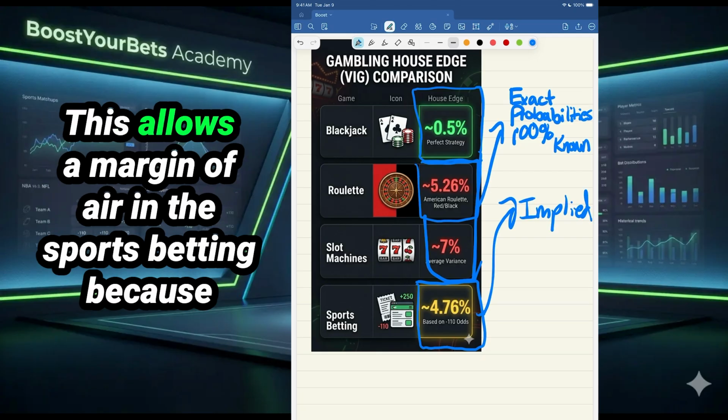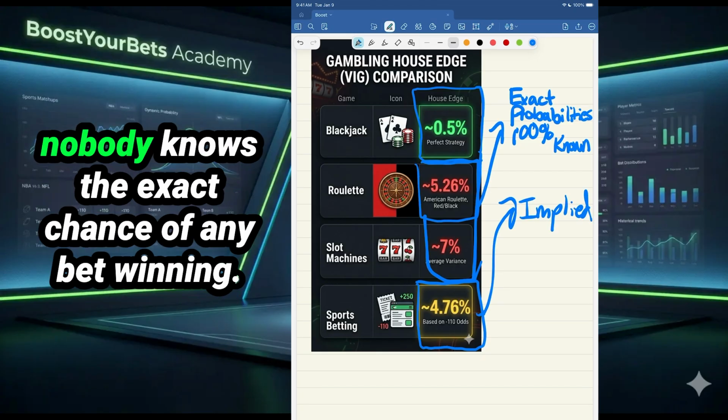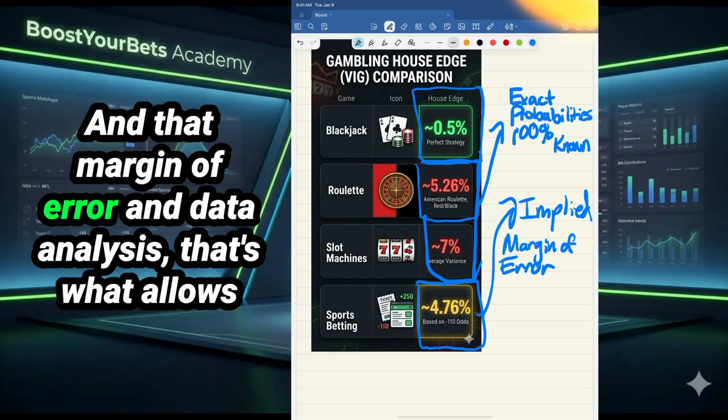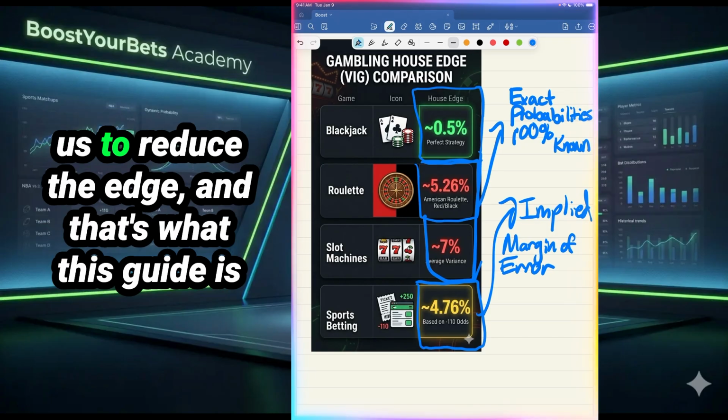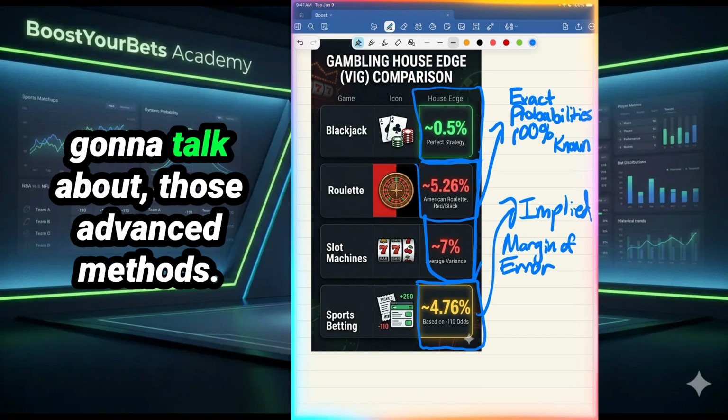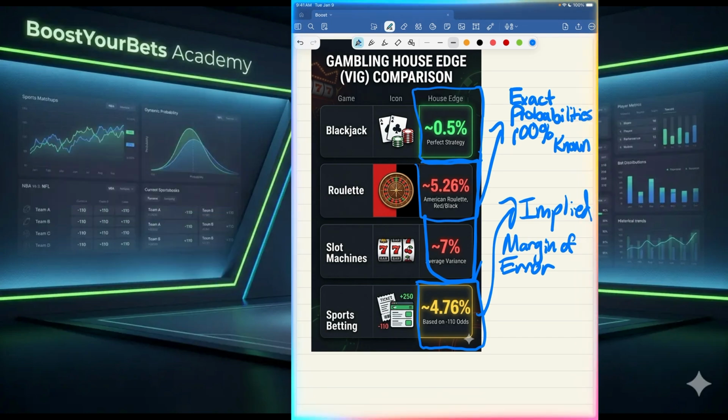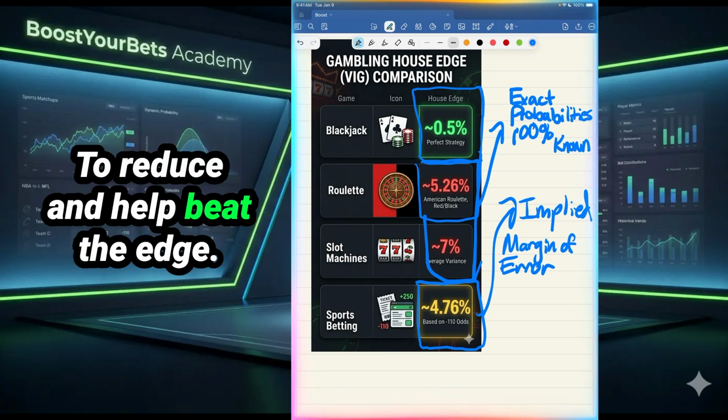This allows a margin of error in sports betting, because nobody knows the exact chance of any bet winning. That margin of error, and data analysis, is what allows us to reduce the edge, and that's what this guide is going to talk about: those advanced methods to reduce and help beat the edge.